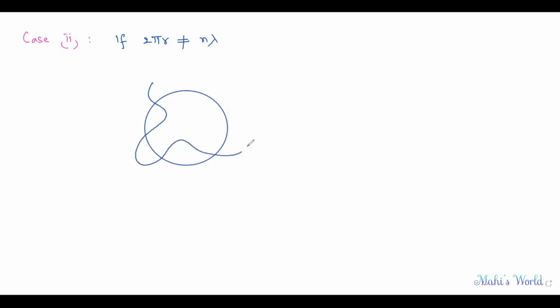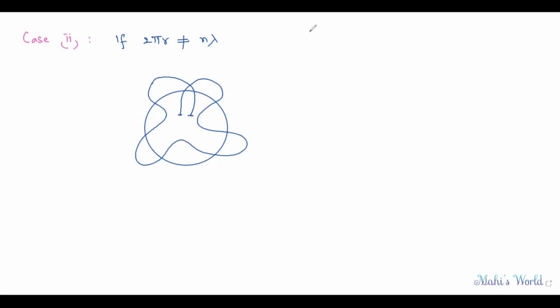Coming to case 2. If 2 pi r is not equal to n lambda, let me take what if 2 pi r is not equal to n lambda. In such a case, the two ends of the electron wave do not meet.